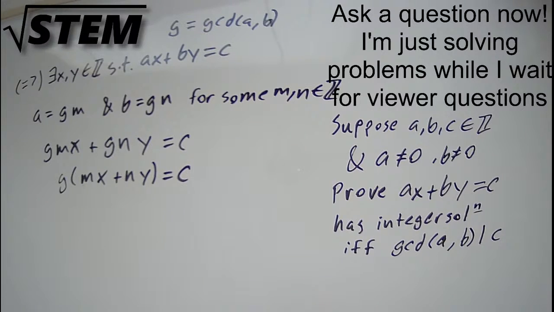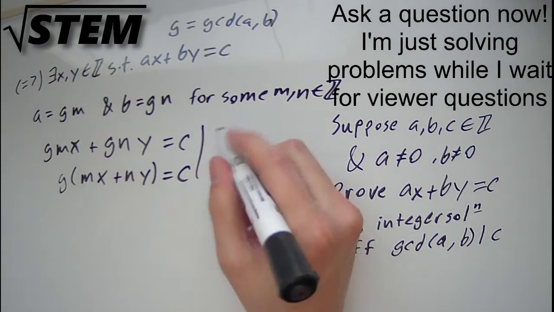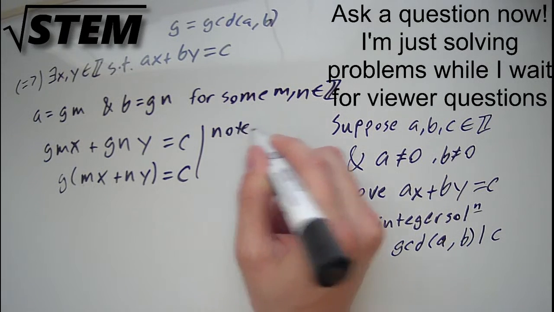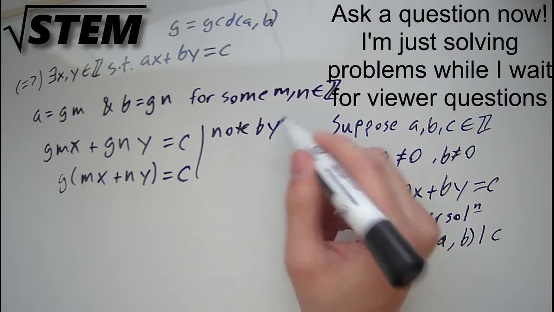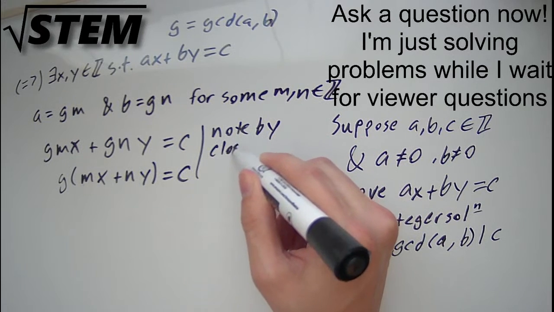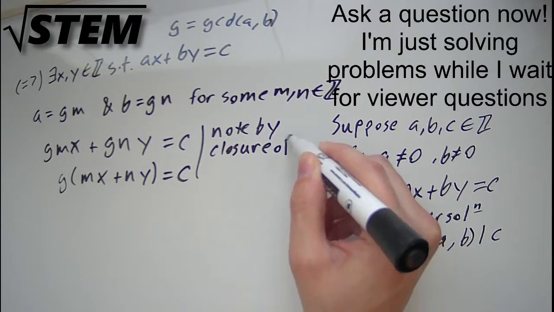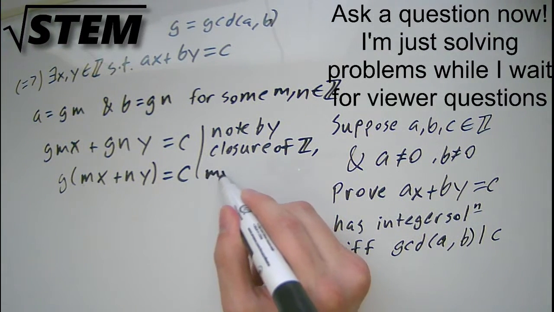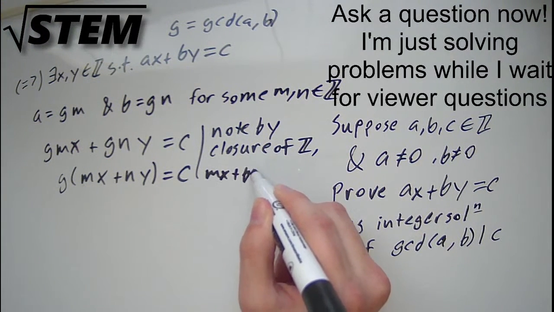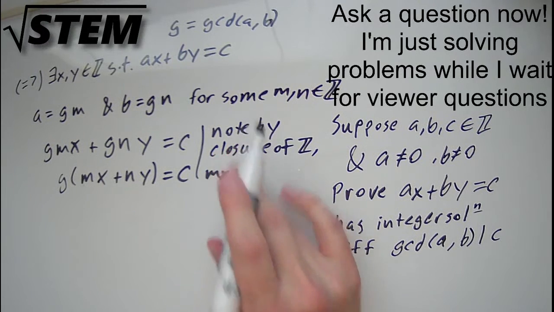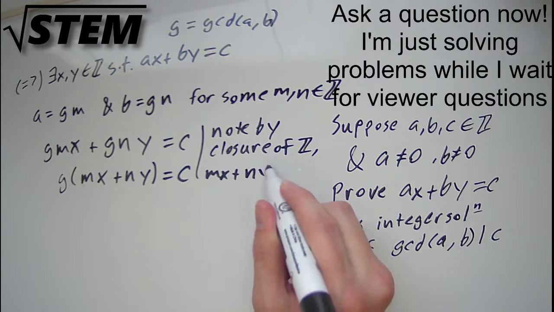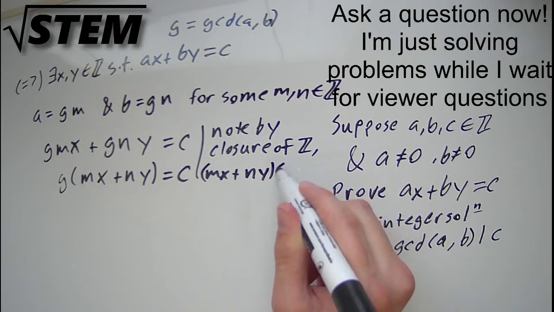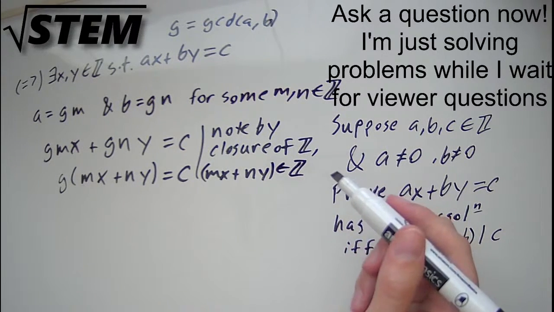But let's note that by closure of the integers, that quantity MX plus, I instinctively wrote B, NY is actually an element of the integers as well.